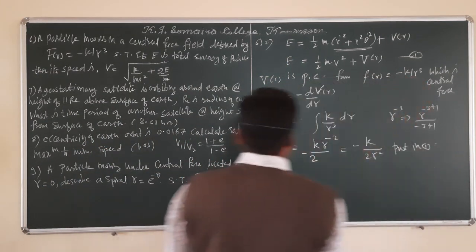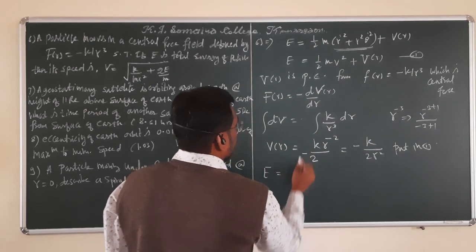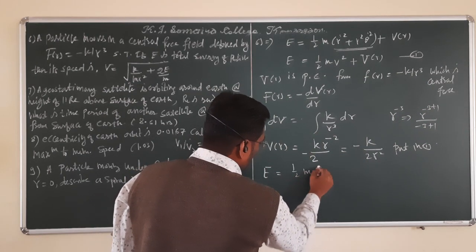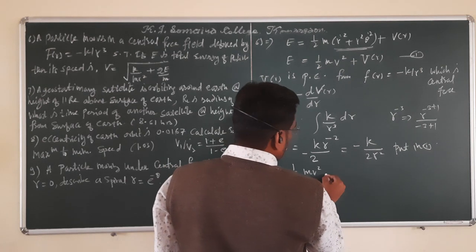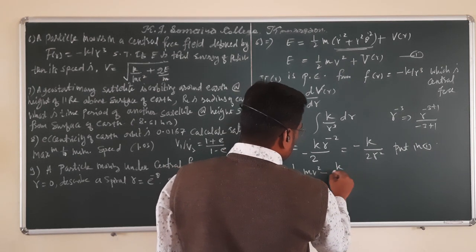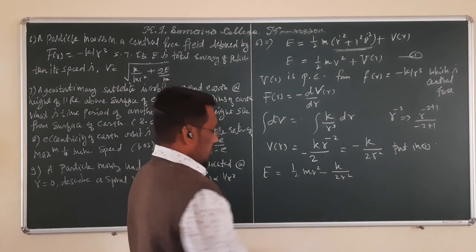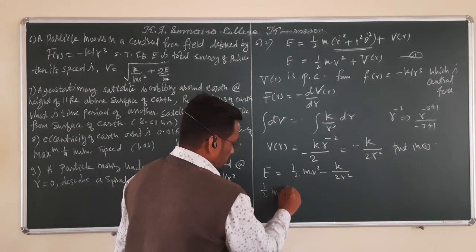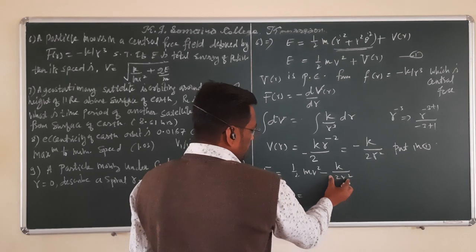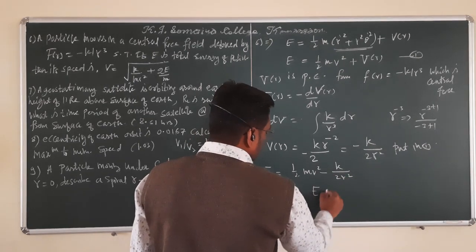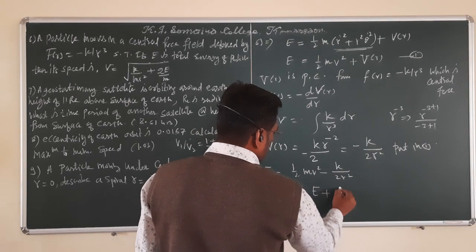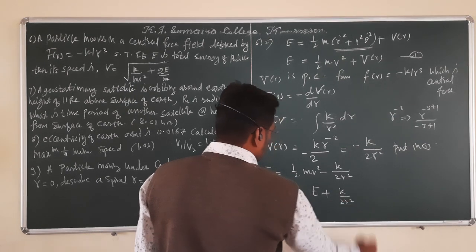So you will get total energy E is equal to 1 half m v square plus V of r, which is minus k divided by 2 r square. From this equation, 1 half m v square is equal to, if you take this term to the left hand side, E plus k divided by 2 r square.